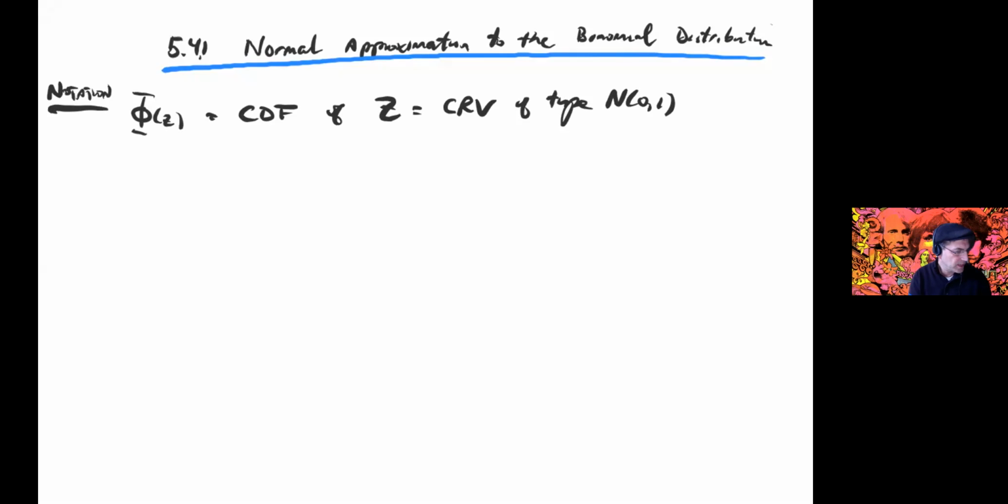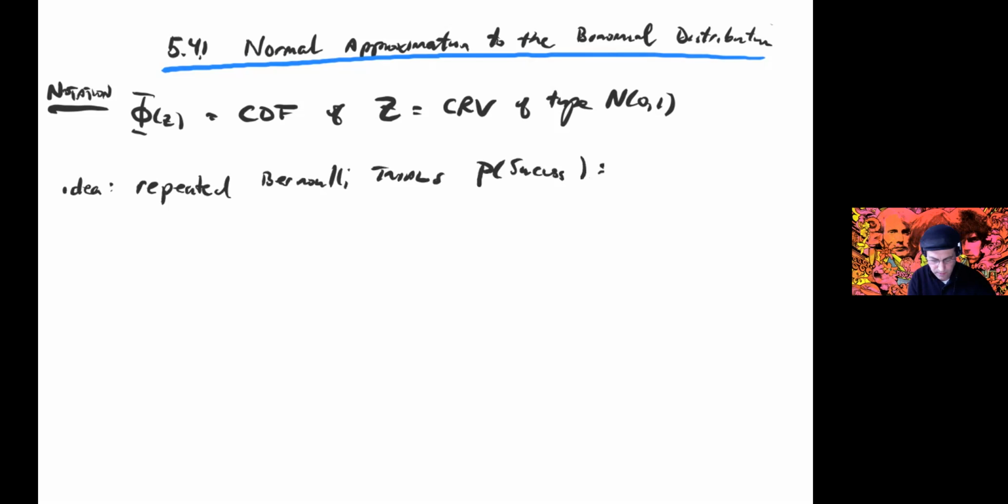Now here's the idea. Suppose we have repeated Bernoulli trials. If you don't like this language, just think of flipping a biased coin, where the probability of a success is equal to p.